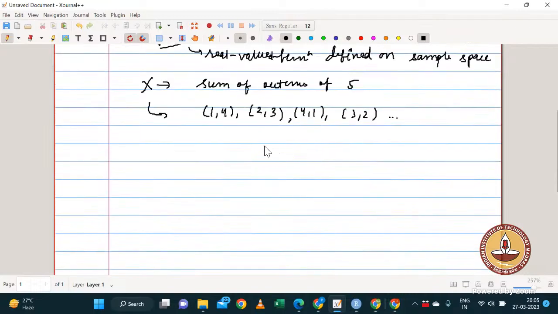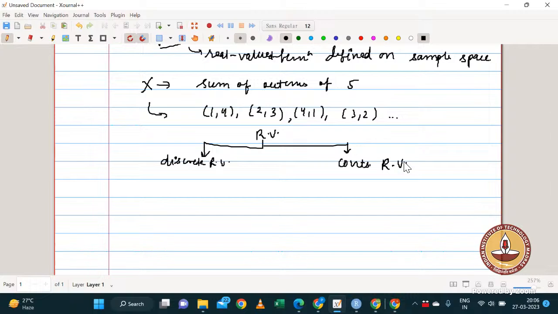Now, a random variable has two types: one is the discrete random variable and the other is the continuous random variable. I think in week 1 there was discrete data and continuous data, right? Yes, sir.